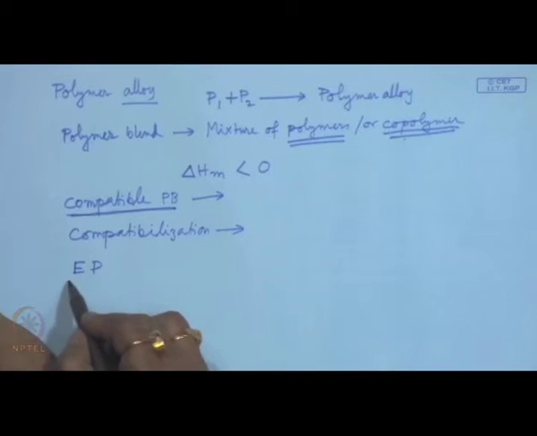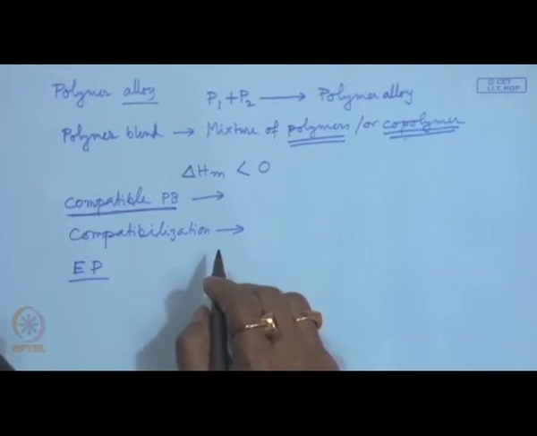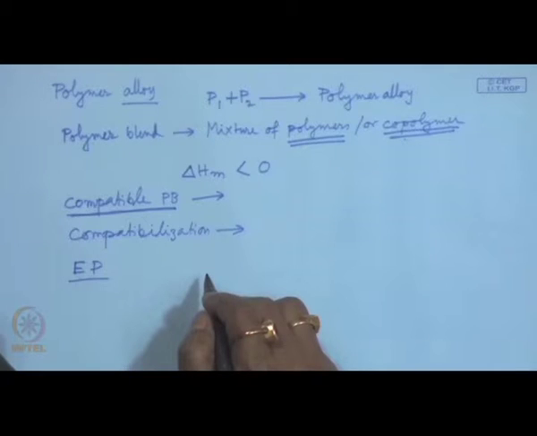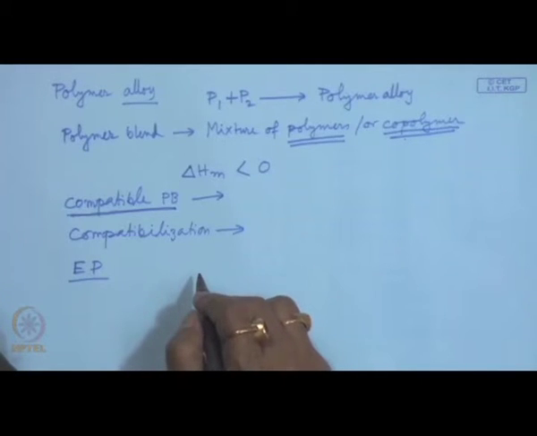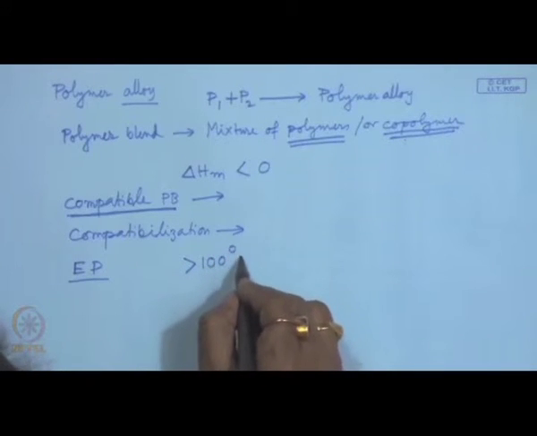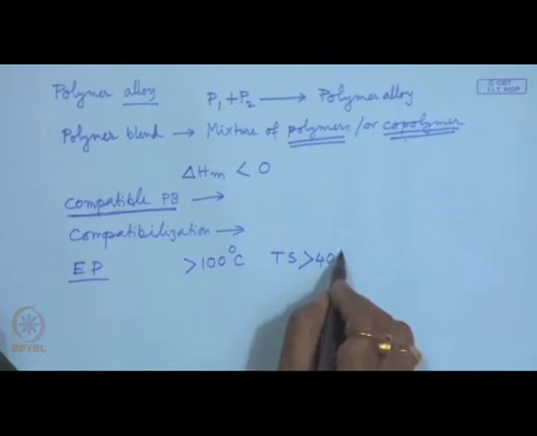An engineering polymer is also considered a processable polymer, which is supposed to exhibit high performance properties, say high mechanical properties at a certain temperature, where the product is to be used or to perform continuously, preferably at a temperature higher than 100 degree Celsius with a tensile strength of greater than say 40 megapascal.